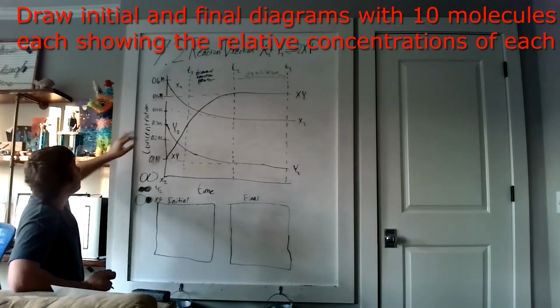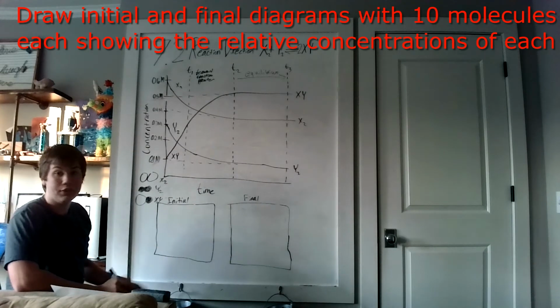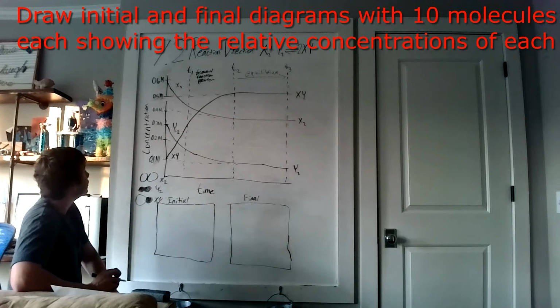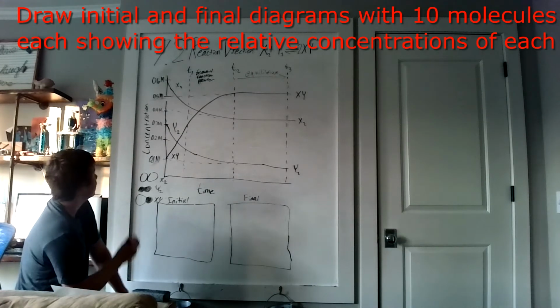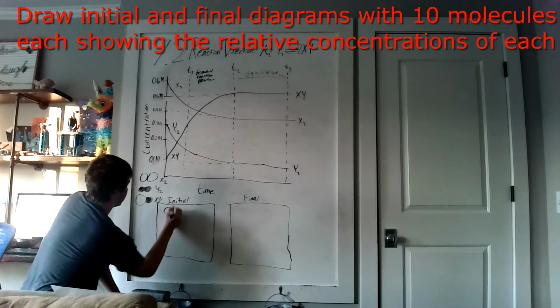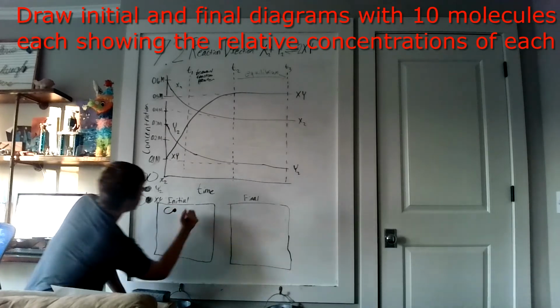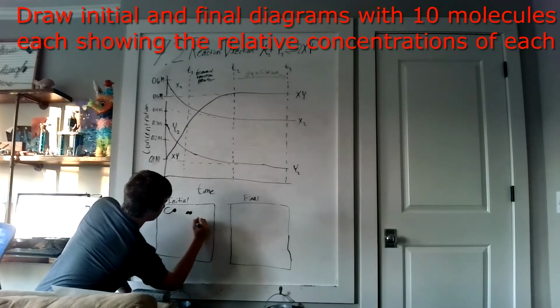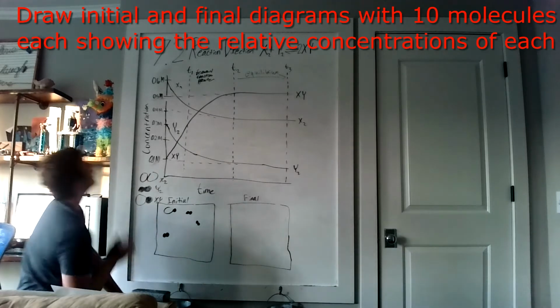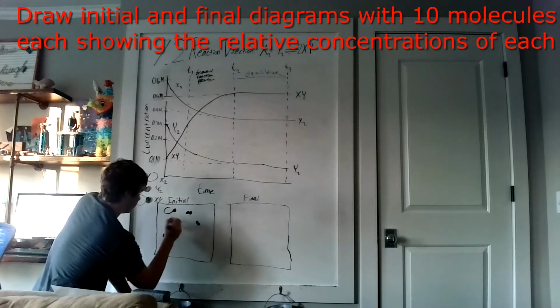So we can just represent each one. Since we're doing 10, we can just do 6 X2, 3 Y2, and 1 XY. So 1 XY, 3 Y2, and 6 X2.